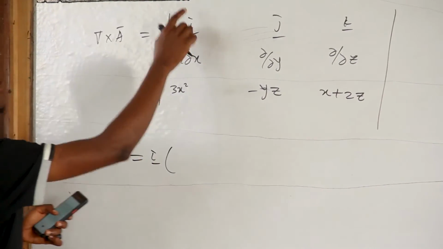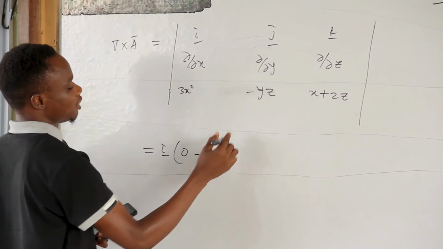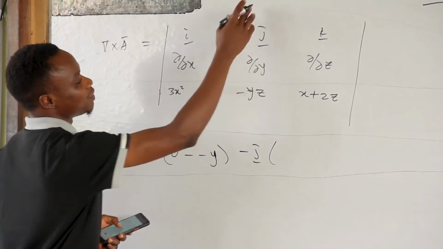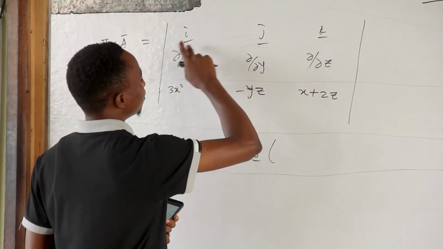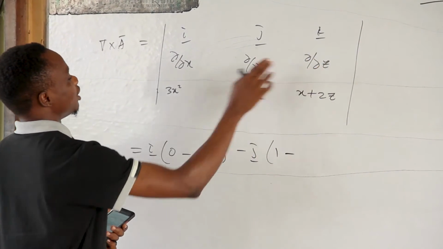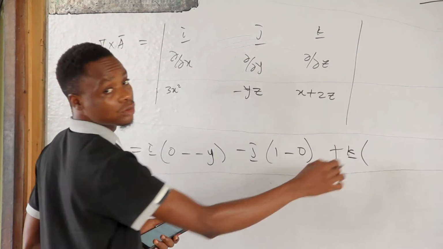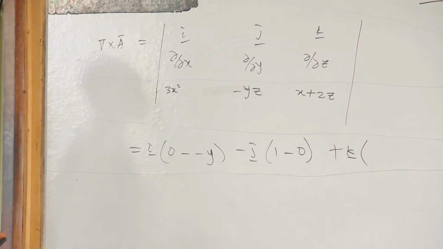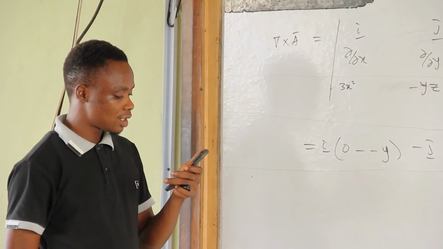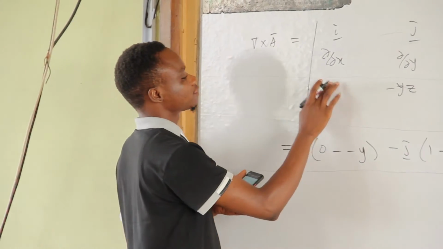Plus i, I cancel; del y of this is 0, minus del z of this, minus y. Minus j, this is going to be del x of this, 1, minus del z of this, 0. And then plus k, 3xz squared.